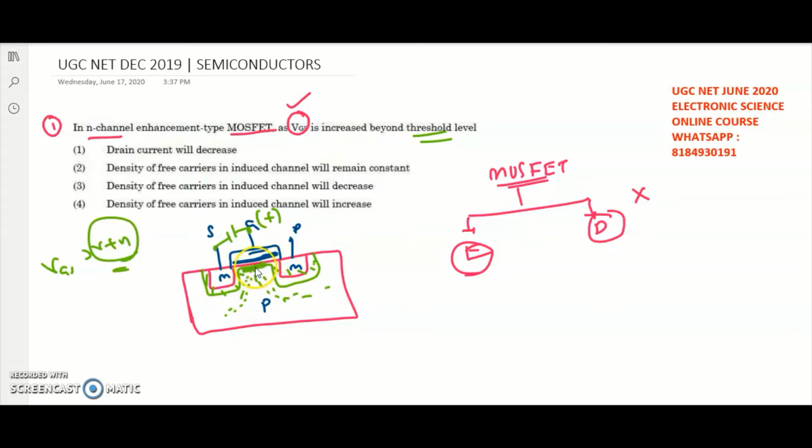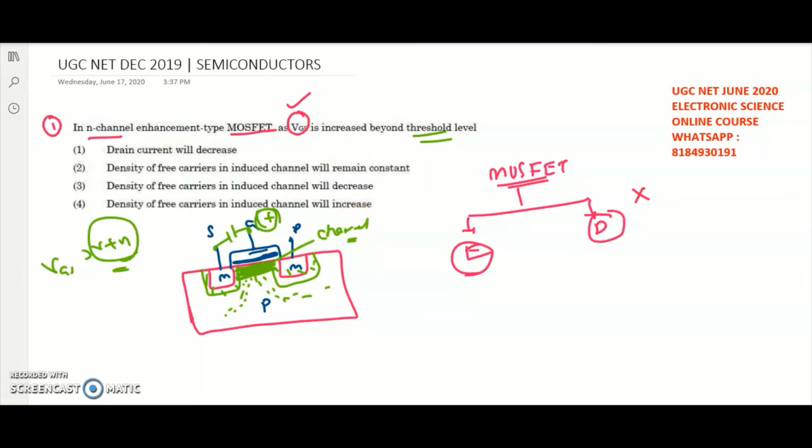Then automatically this depletion layer will break down and one channel will form. This channel is completely accumulated with electrons due to the positive voltage at the gate terminal. So these electrons will break down the depletion layer between the N-type and P-type in this region, and now it is called a channel.